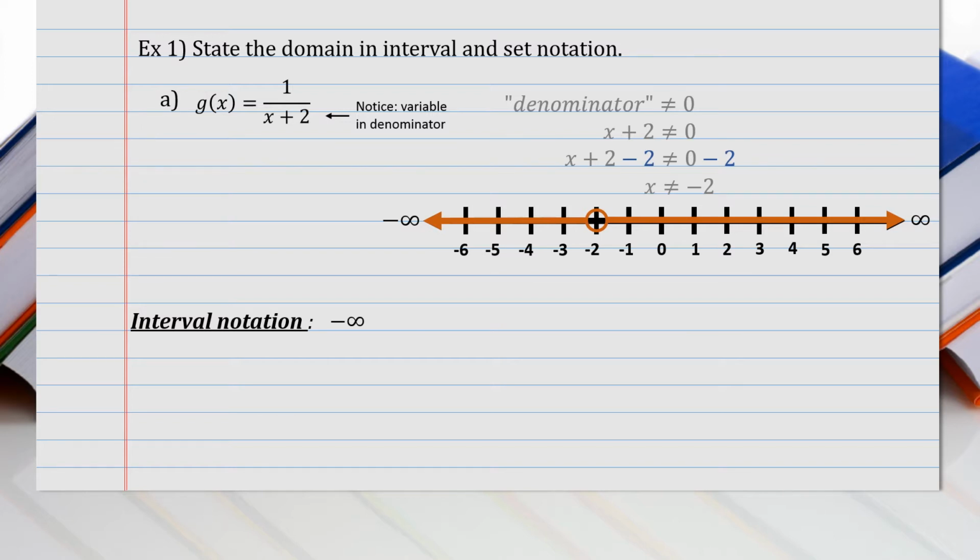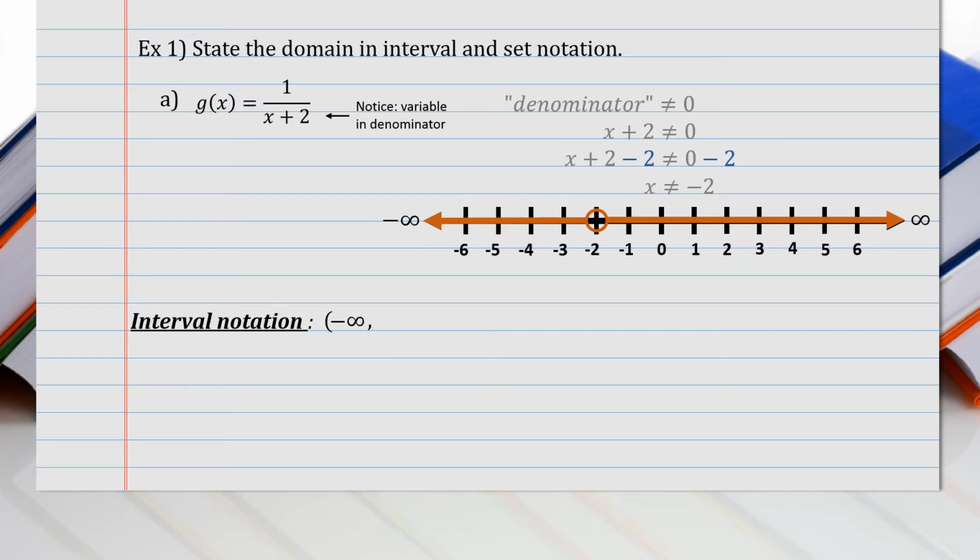Now we must decide, do we use a bracket or parenthesis? Well, bracket means equal to or includes. Parenthesis means does not equal or is not equal to. Well, since nobody knows where -infinity ends, we cannot confidently use a bracket. So we must use a parenthesis.